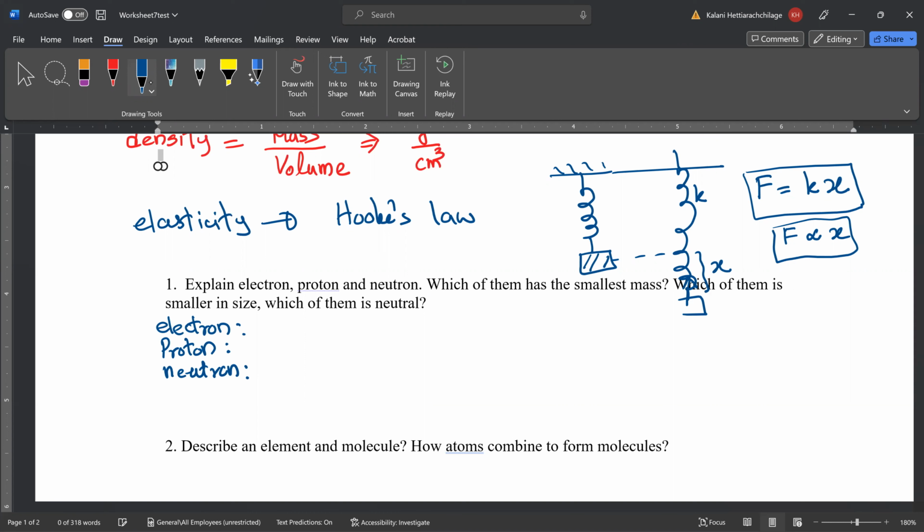In simple words, I'm going to define it as: electron is the negative charge particle moving around the nucleus, in my words.